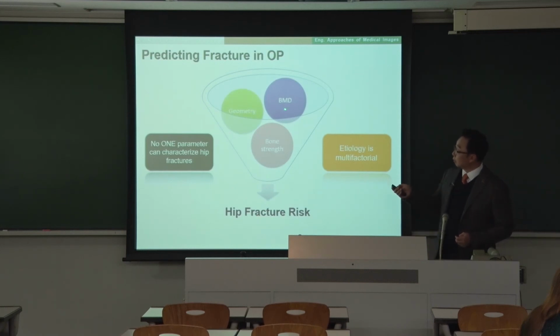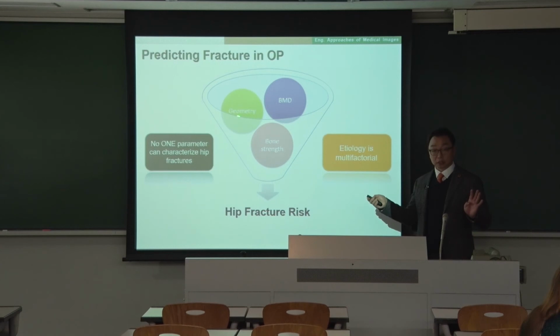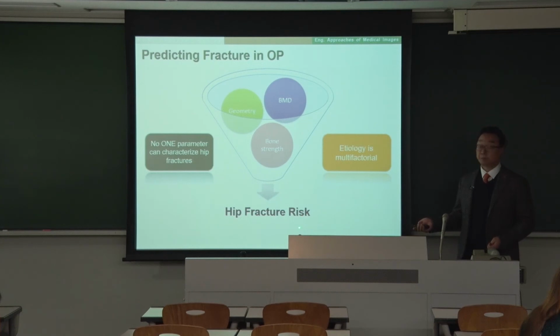So this is a little bit of a conclusion in advance: the bone mineral density, which is available now, plus geometry, which I will explain later, and the bone strength. All three of these, we have to combine together to predict hip fracture risk.